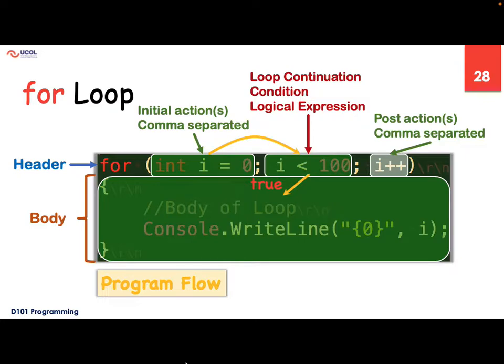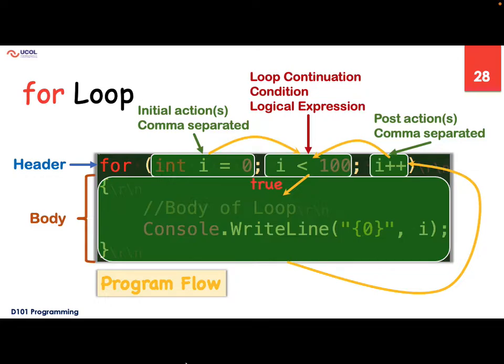And once we have finished our loop body, we go and perform the post actions. Every time we finish the body of the loop, we perform the post actions. Here we have given only one action, but we can have multiple actions separated by comma. After we have performed the post actions, we check the condition again.